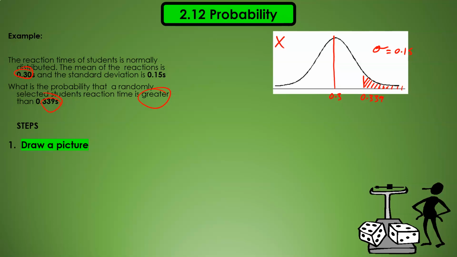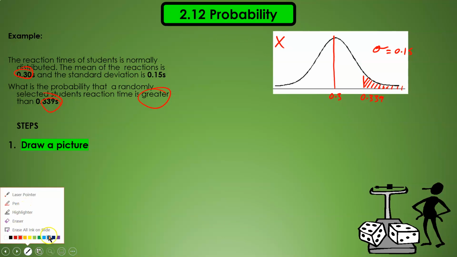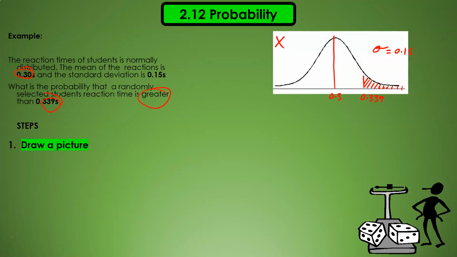First thing we need to do is convert those values into z values, which hopefully we're getting more comfortable with now, so that we change the mean into 0 and standard deviation equal to 1, and call that z. The only thing we need to work out is what our z value here is.